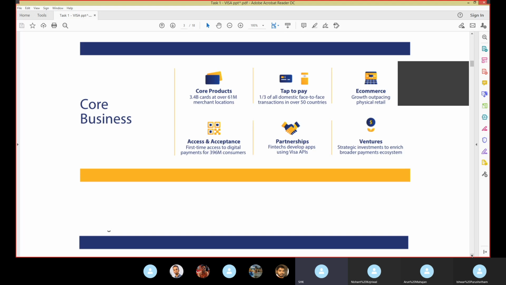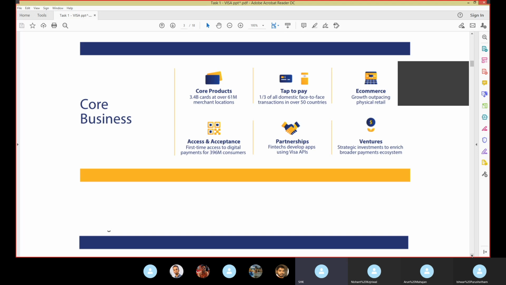They have very good products, like Visa Pay and V.me. There are different products which Visa has enabled as per the necessities of the consumer and the merchant. There are really huge products which Visa has, and sometimes they build products based on their merchant and consumer base.